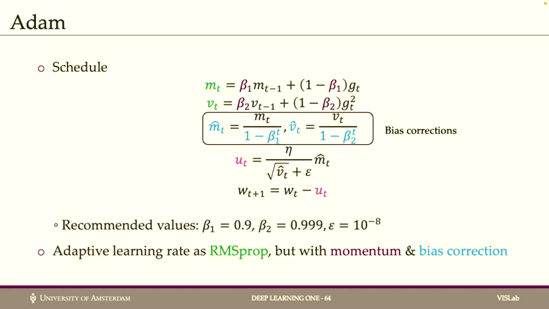The algorithm is given as follows. Again, you recognize the similar bits with RMSprop. You also recognize these beta to the power of t's, which are bias correction terms, except now you have two betas. One is at 0.9 and one is at 0.999. You typically do not change these, which makes it a lot easier for a user to optimize this.